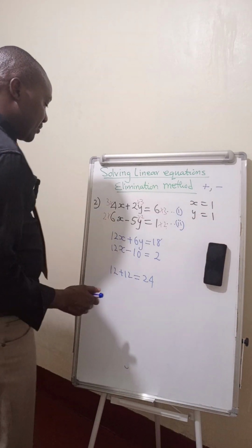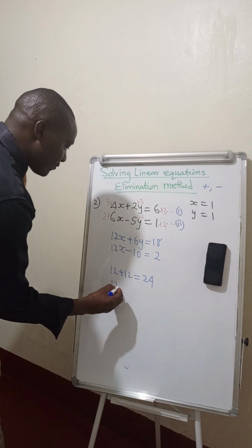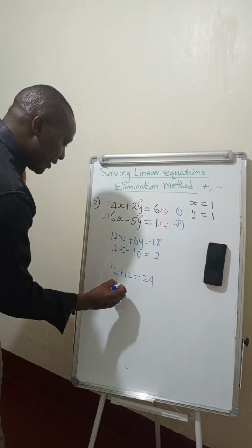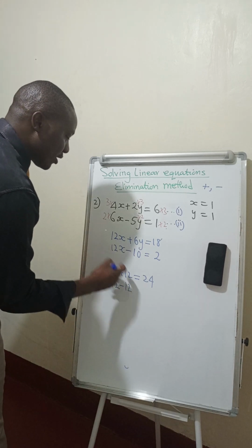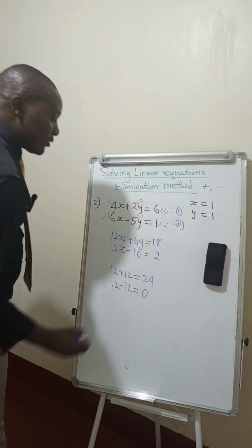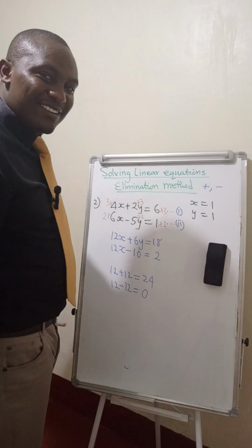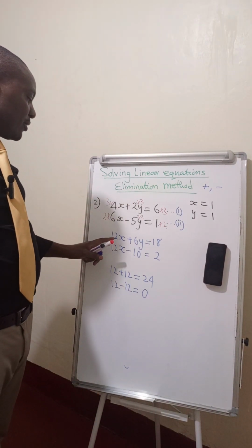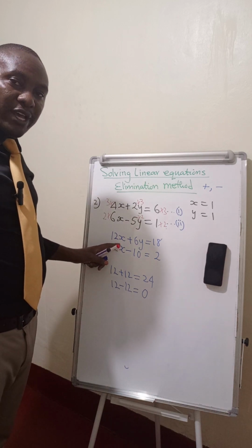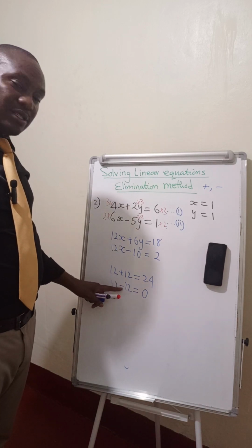What if we do subtraction? 12, this 12 minus 12, this other 12. What do we get? 0. Yeah. See. So for us to eliminate this unknown x, we do what?